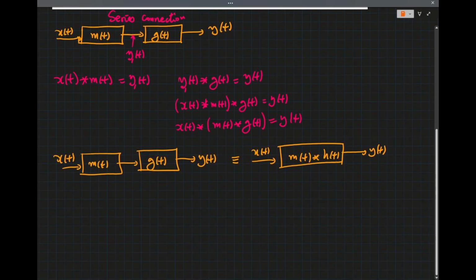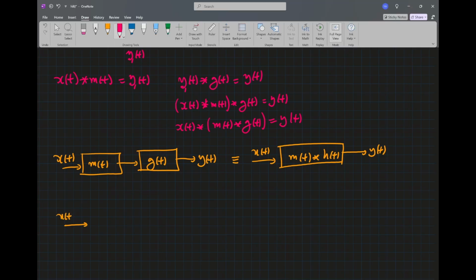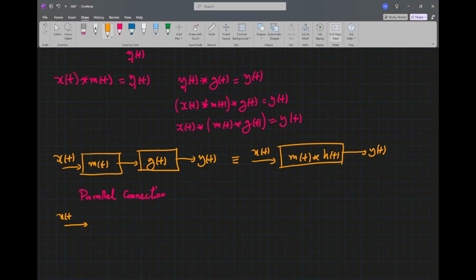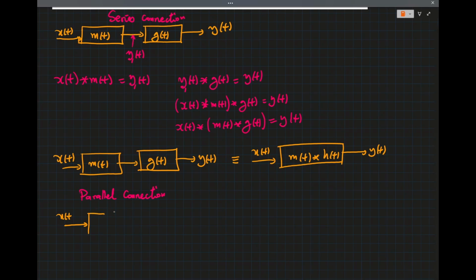Okay, now when they are in parallel, let's say we have a parallel connection. In this case we have two systems: m of t, and g of t here.